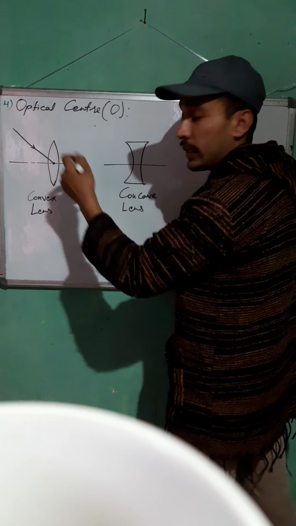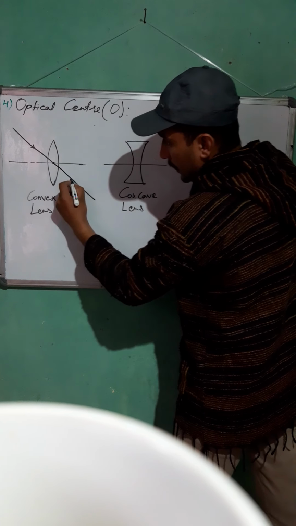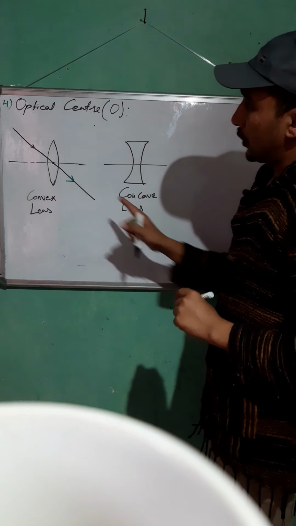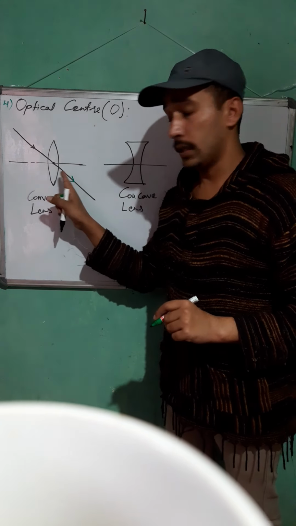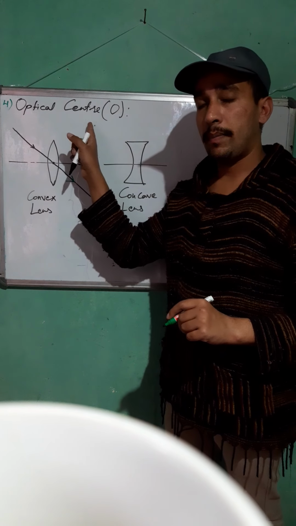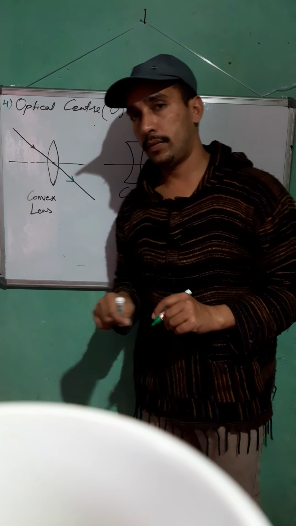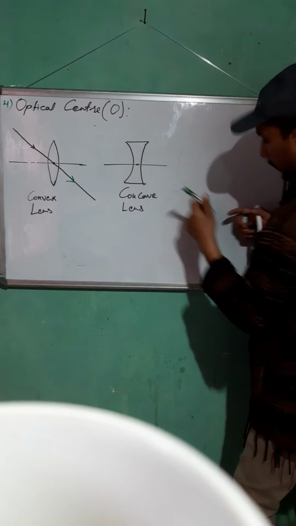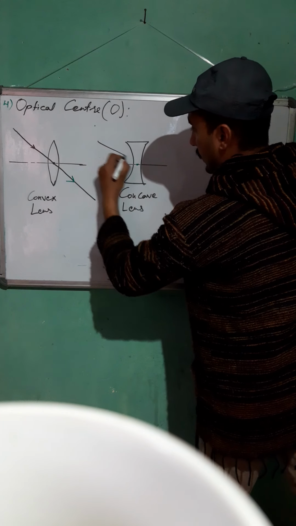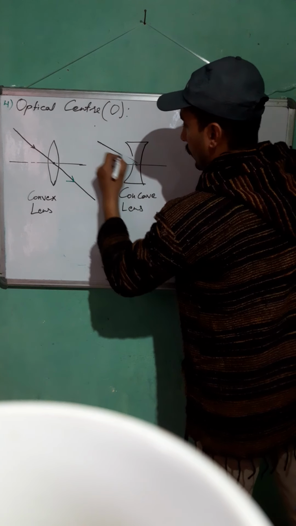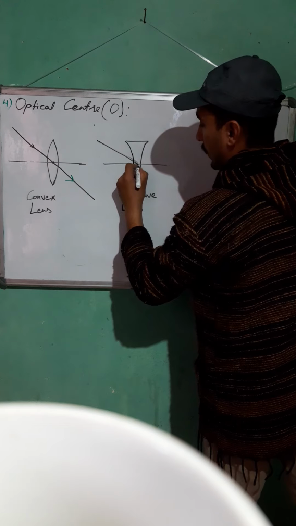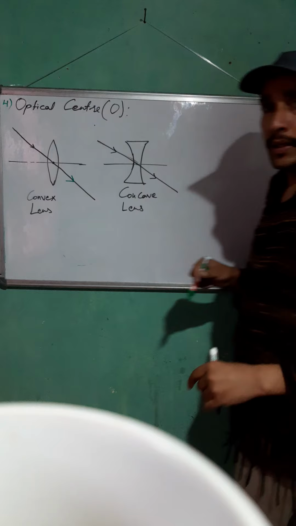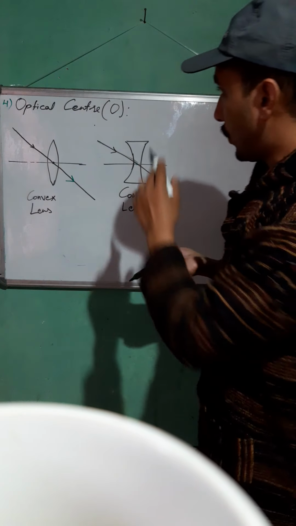Undeviated means without any deviation. It goes straight like this. That point is known as optical center. For this, it will be here only. So a ray of light striking at that point passes without any deviation. You keep a scale and draw a straight line.